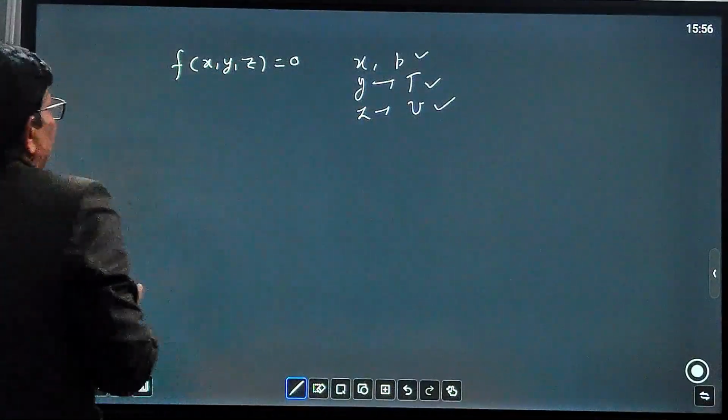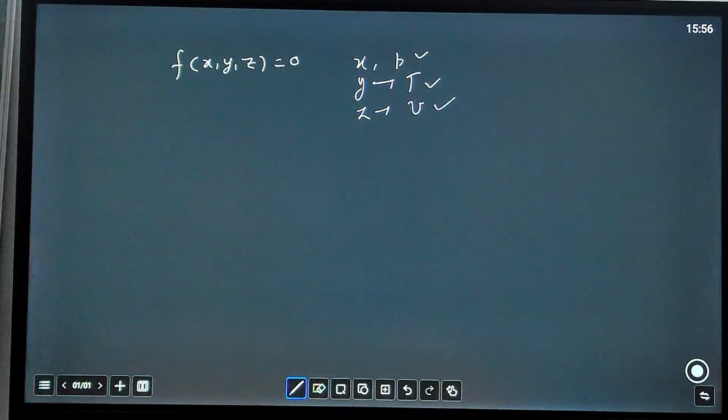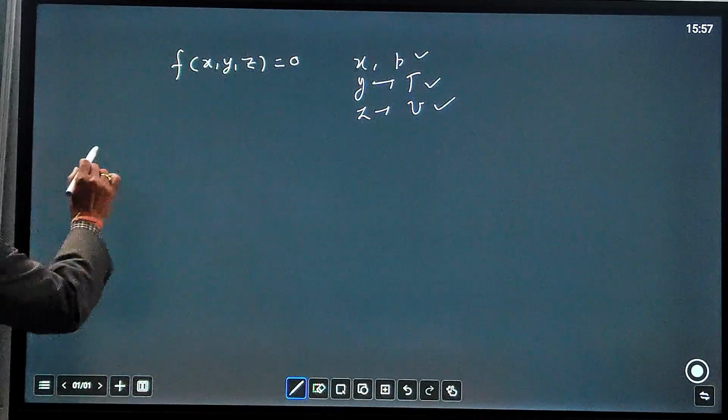Starting from this function of x, y and z, one property x can be defined in terms of y and z, and y can be defined in terms of x and z.